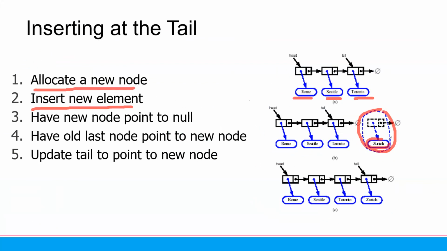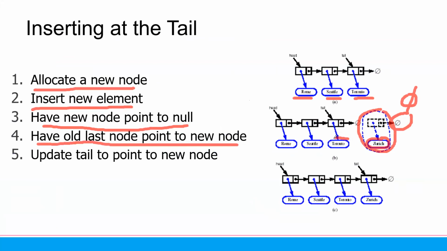Let's say the new node is Zurich. So when we insert a new element, have the new node point to null. As I mentioned to you, the last node will connect to the null element or empty element. This is the empty element. And then have the old last node point to the new node.